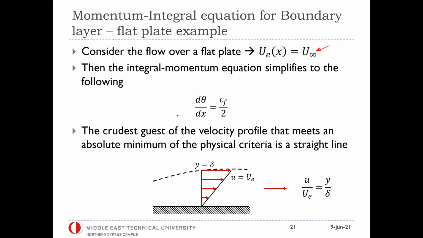When we do that, it gives us this relation: the momentum thickness variation must be equal to 1/2 CF. So theta is a function of x, and CF is a function of x. Then we say, okay, let's guess the velocity profile.